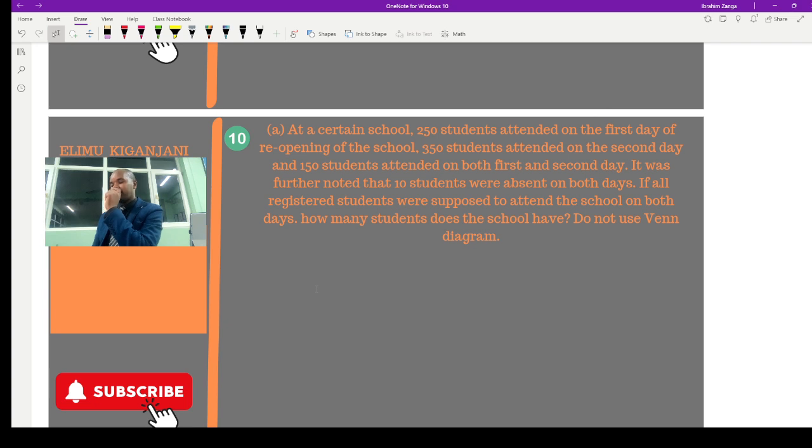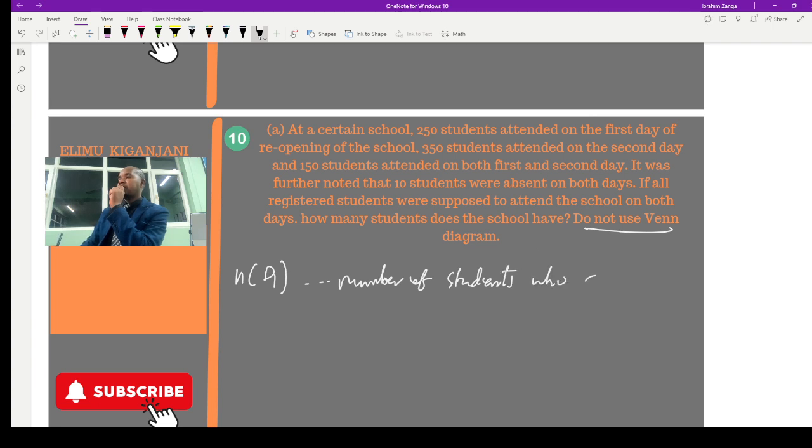Do not use Venn diagram. So we are not allowed to use a Venn diagram. So I'll be saying that ND1 is the number of students who attended the school on the first day.